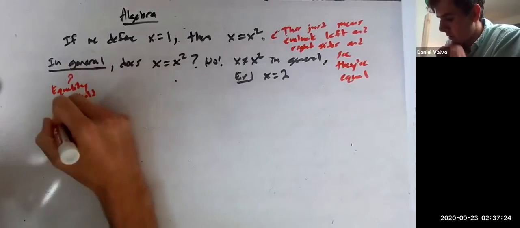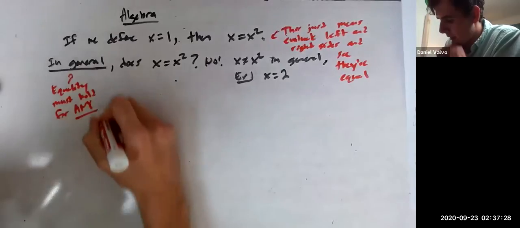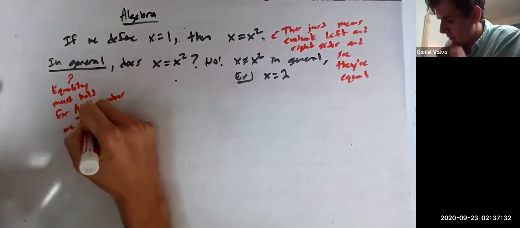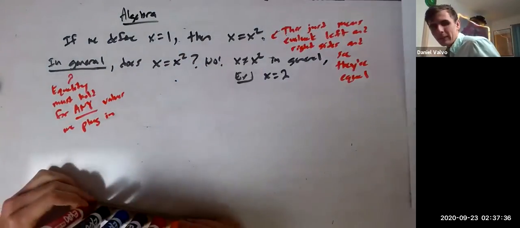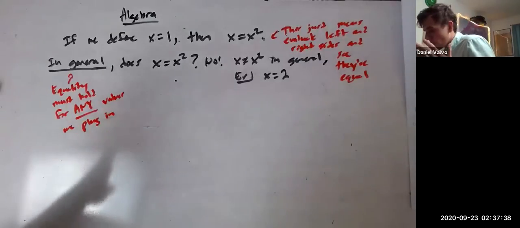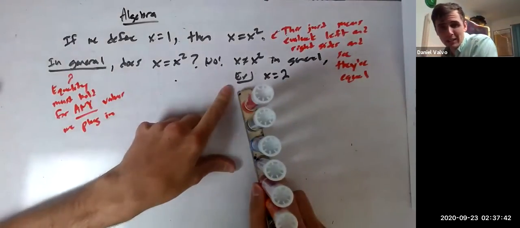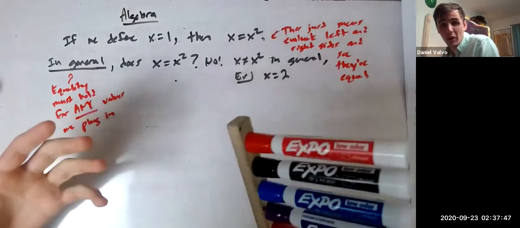But in general, what this means is equality must hold for any values we plug in. So in algebra, if we don't define what X is, saying an equation's equal, saying it actually works, is saying that it works all the time.